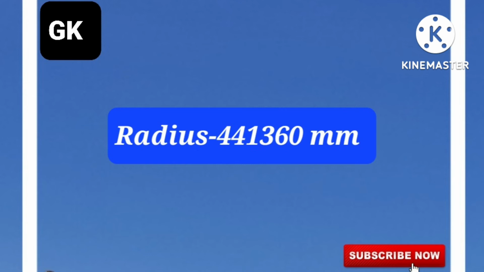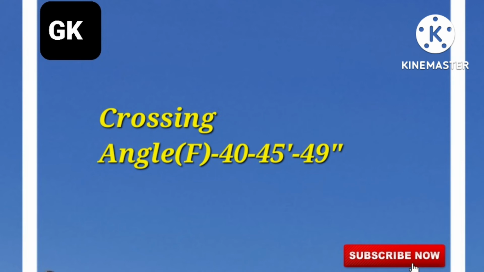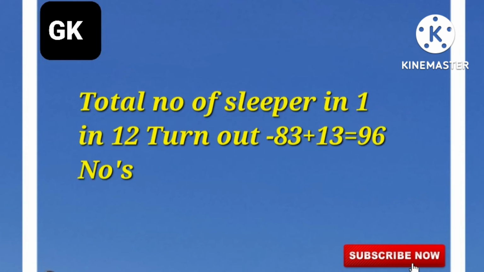Radius: 441,360 mm. Crossing angle: 4°45'49". Total number of sleepers in 1 in 12 turnout: 83 plus 13, that is 96.